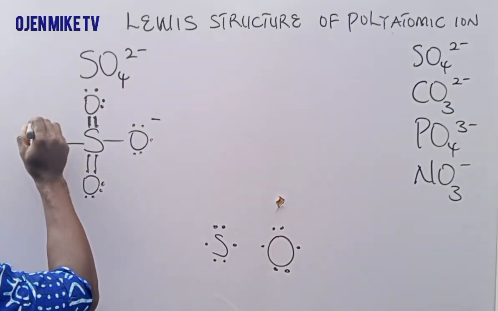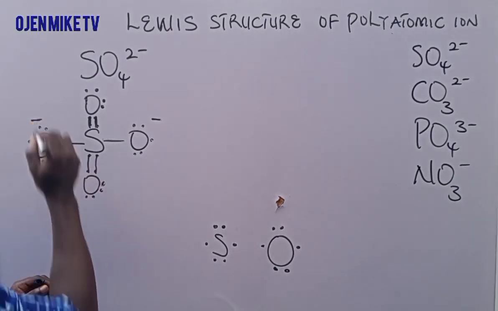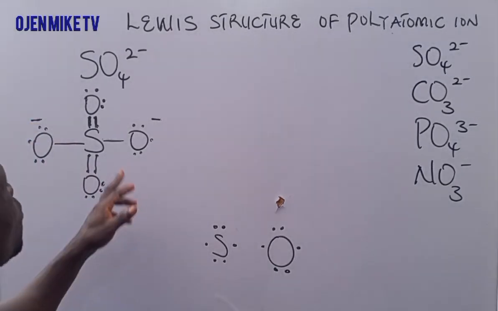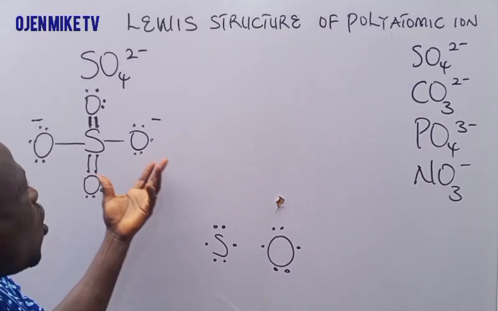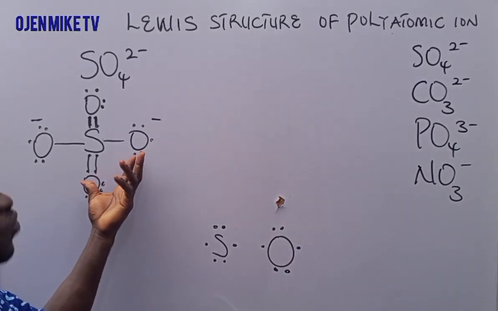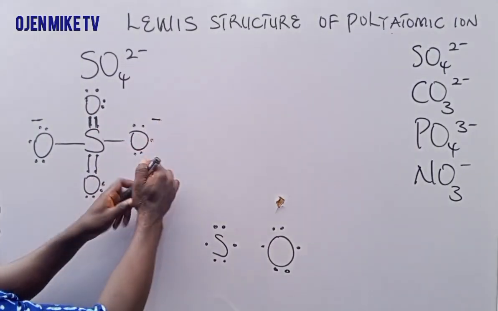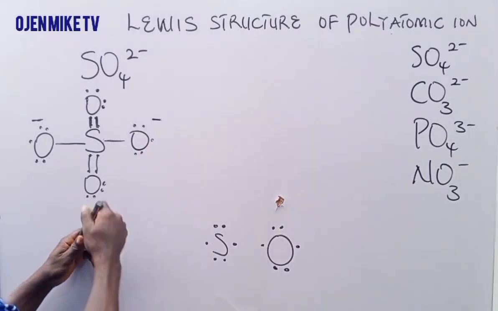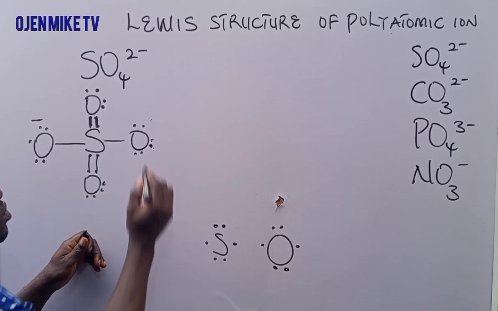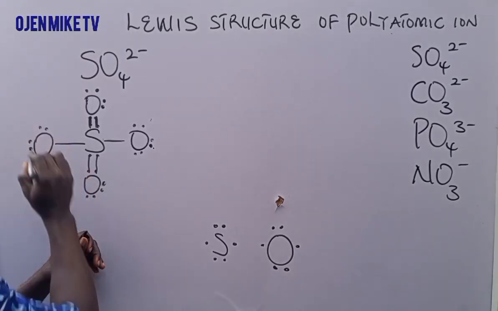We are going to add here and we are going to add here. Do you get that? This is one of the Lewis structures of sulfate. This electron you are adding here to complete this one. If you add this one, clean it. Add here, clean it.